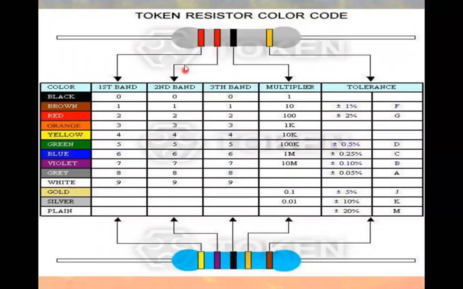We can find it out. If it is red and black, then red and black is 2 into 10 to the power of 0. So we can say that it is a 22 ohm resistor with a gold strip. It means 22 ohm with 5% tolerance.